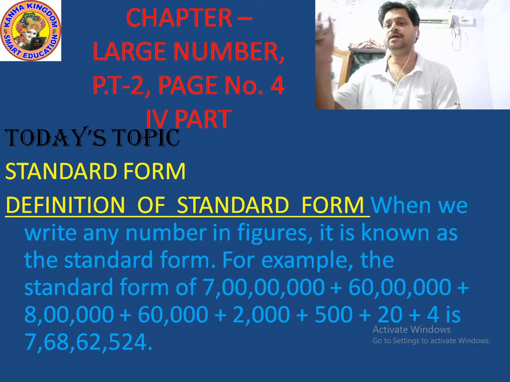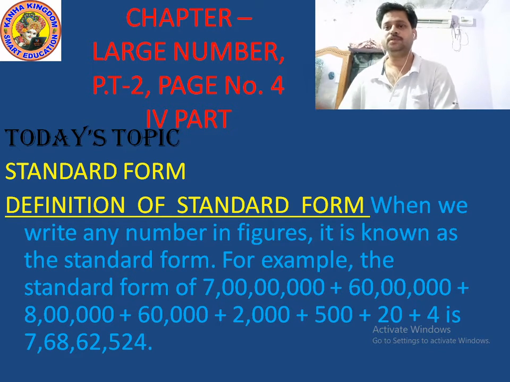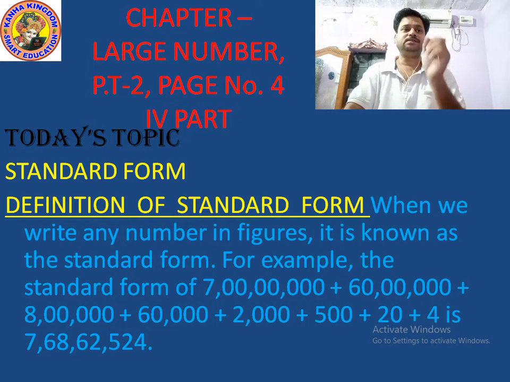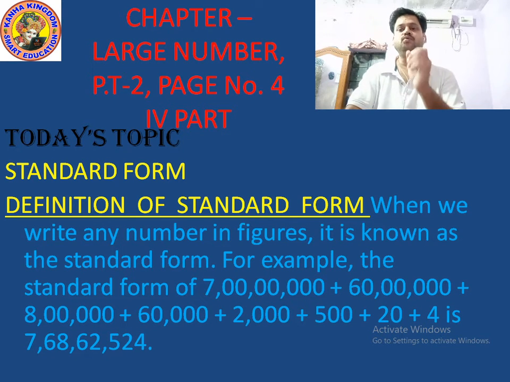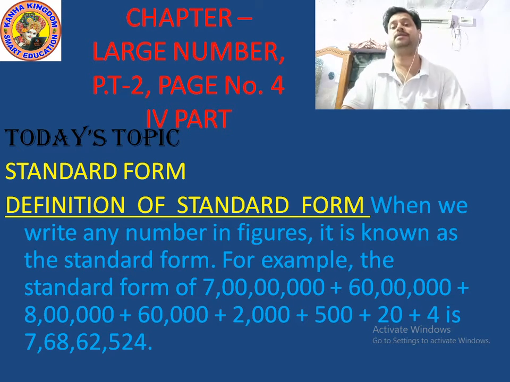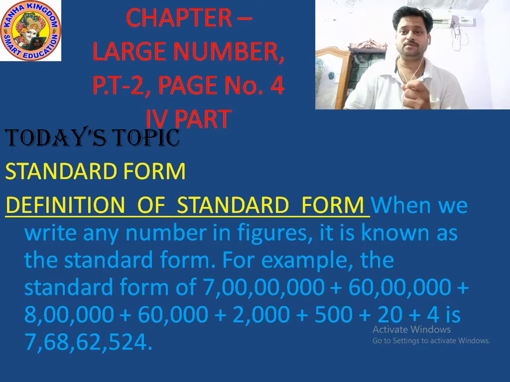So 500 plus 20 plus 4 is 524. So the correct answer is 7 comma 68 comma 62 comma 524. And how can we read it? 7 crore 68 lakhs 62,524, like this. So now you all understand.